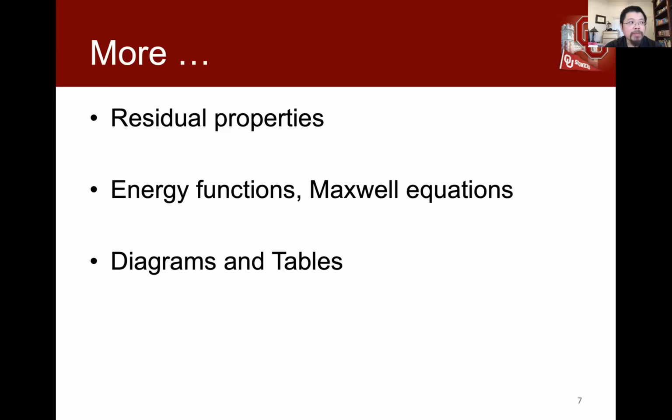So the power of Maxwell equations would be we are able to convert any complicated term involving entropy. We're able to convert that into measurement of PVT terms. So again, the concept here is we try to convert those hard, complicated measurements into easy ones, relatively easy ones involving PVT.